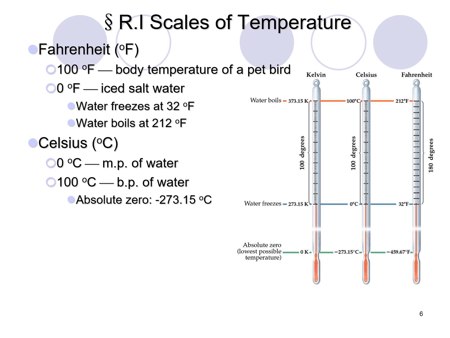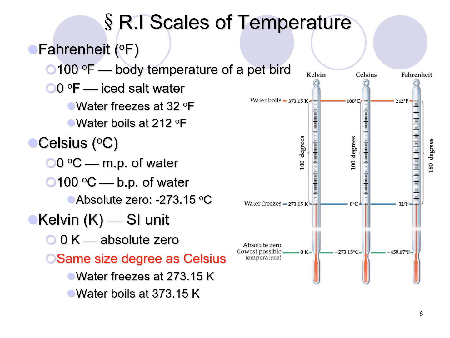Once people realized that, scientists proposed the third scale of temperature, which is Kelvin. That is a unit for the SI system. And it has a 0 degree Kelvin, which is absolute 0. That means nothing can go beyond absolute 0 Kelvin.